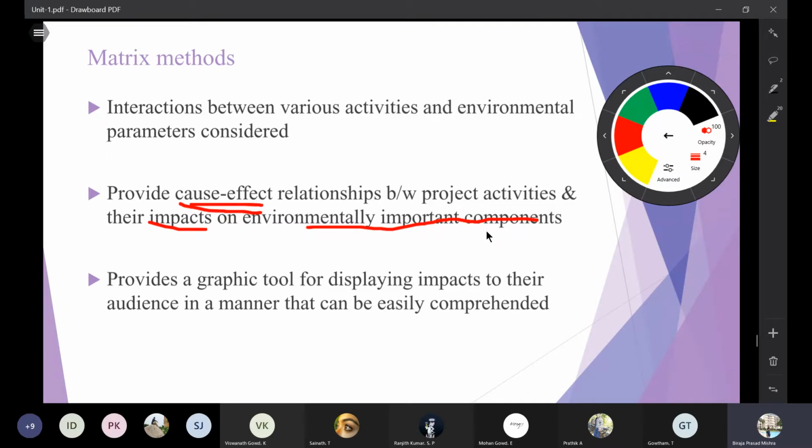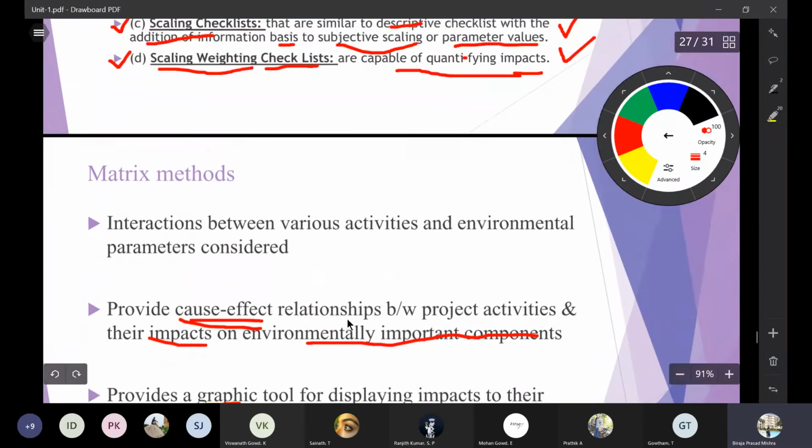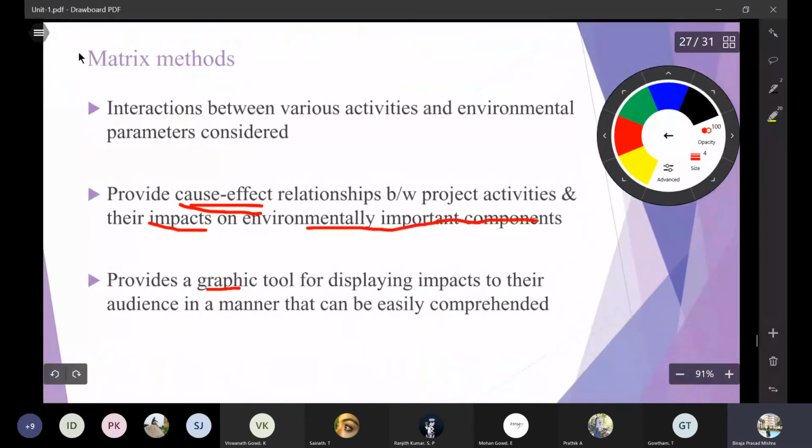And these also provide a graphical tool for doing what? For displaying the impacts to their audience in a manner that can be easily comprehended. Okay, so these are some basic things about the matrix method.